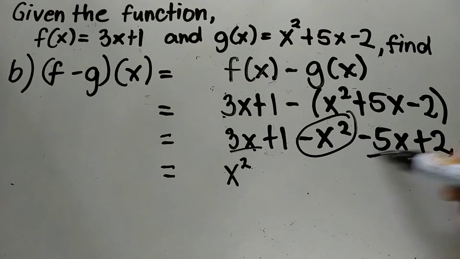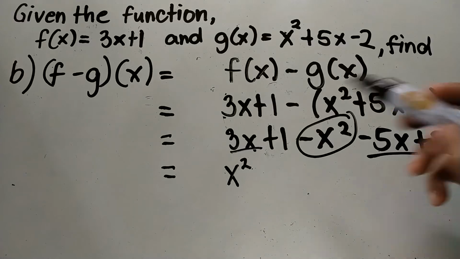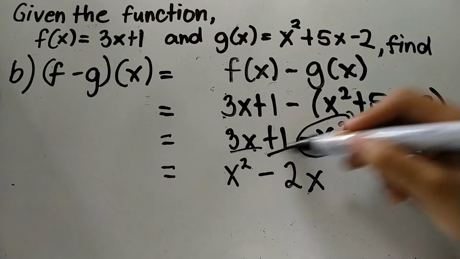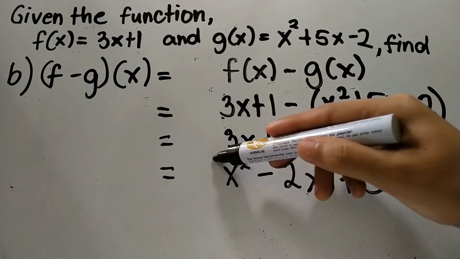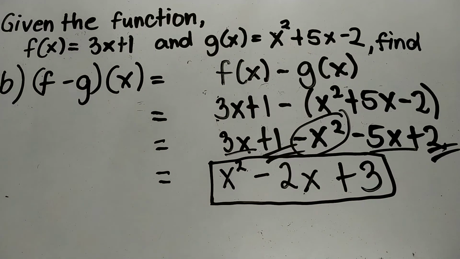Then, 3 minus negative 5, minus 5x, it's negative 2x. And 1 plus 2 is 3. So this is the final answer for the difference of two functions.